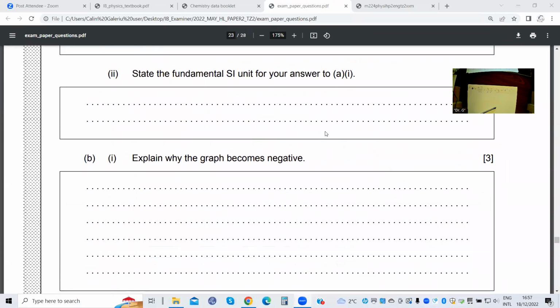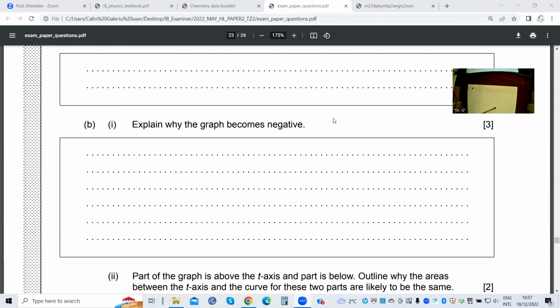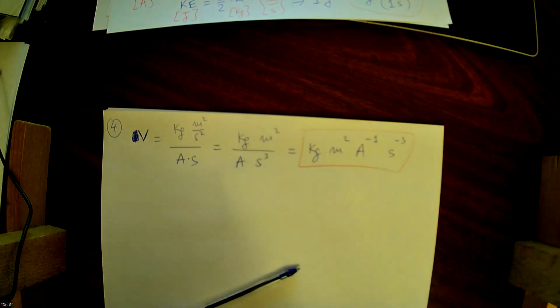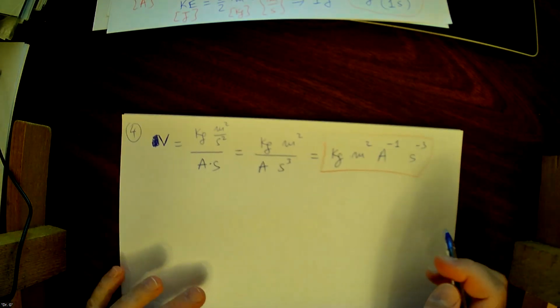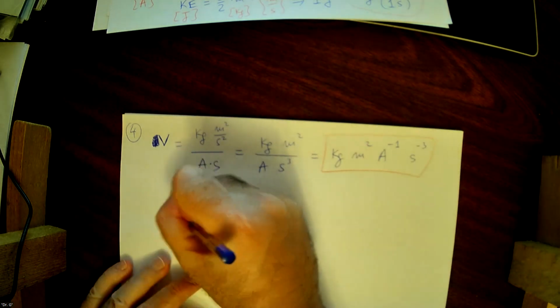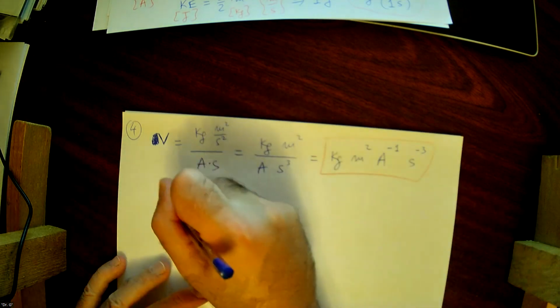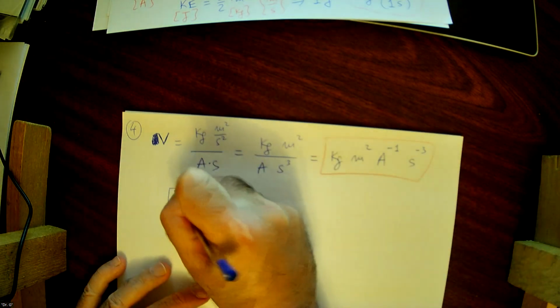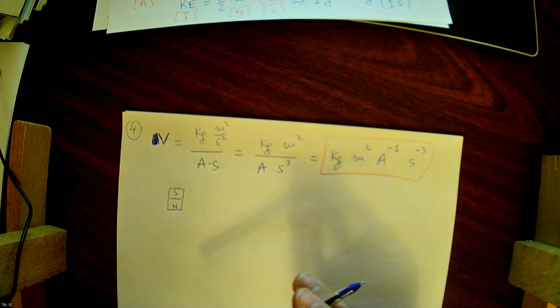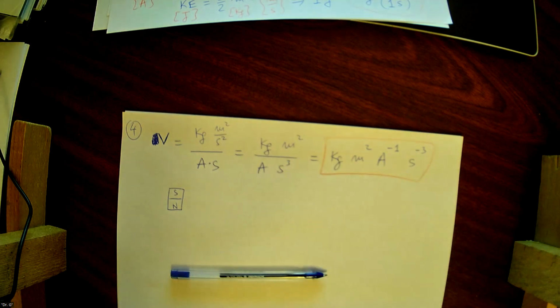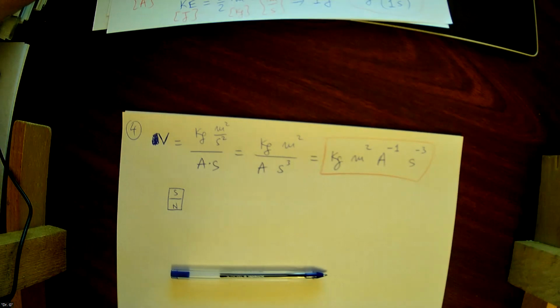Explain why the graph becomes negative. Well, this is the thing. When the magnet is above the coil, the magnetic field is increasing.